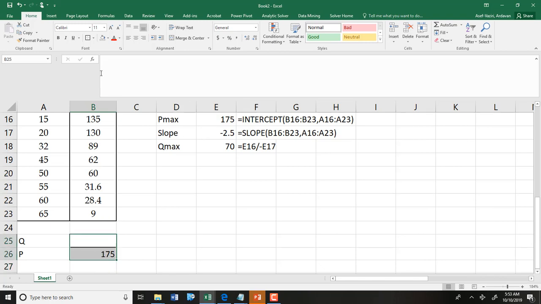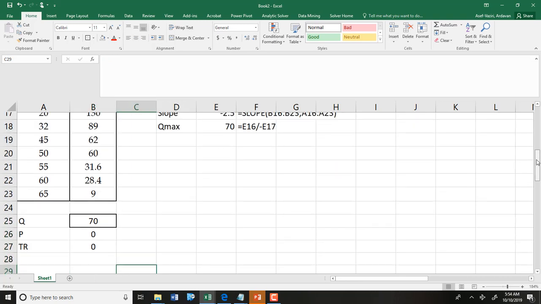If this is quantity, this is price. Now if I enter 1, price will go down. If I enter 70, price will become 0, because we realize that even if we set price equal to 0, we can sell only 70 units. Therefore, total revenue is equal to price multiplied by quantity.